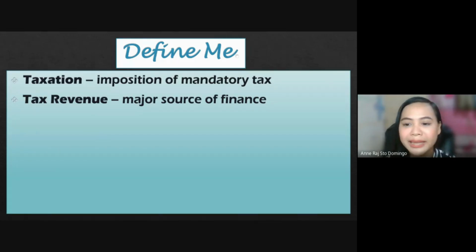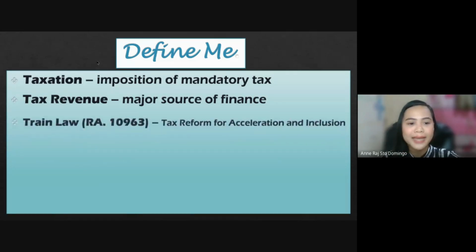I think one of our former mayors has that tagline. So, that is yung buwis na binayaran natin, the tax revenue, the major source of income for the whole government. Very good, Geraldine. Thank you so much.